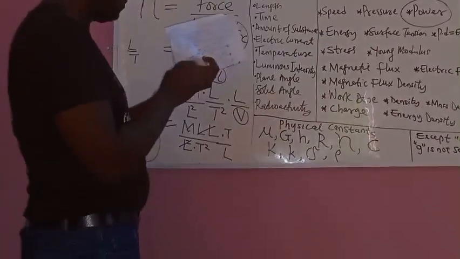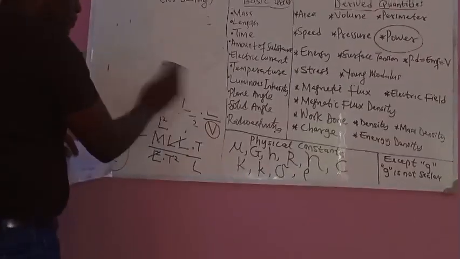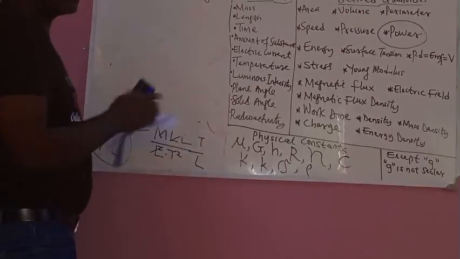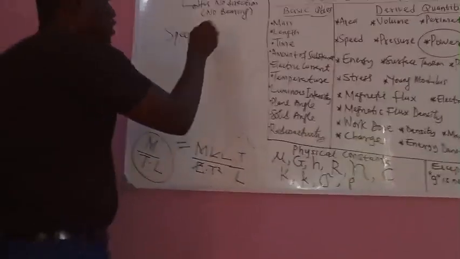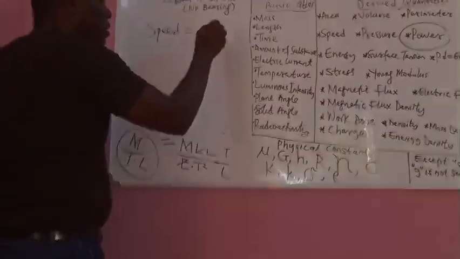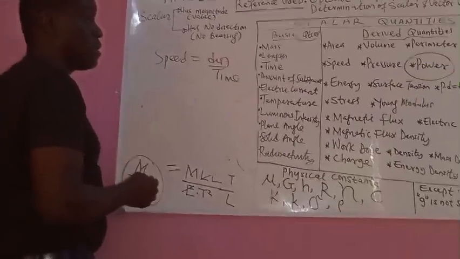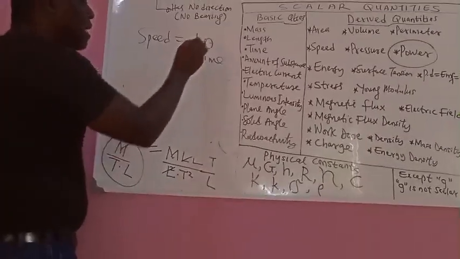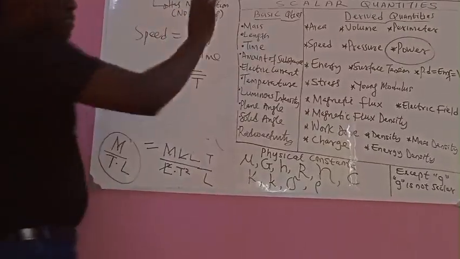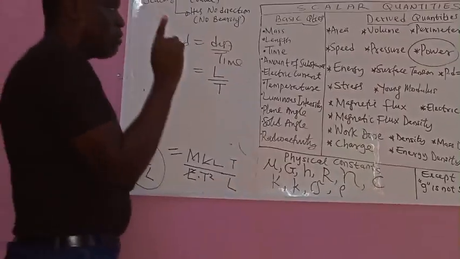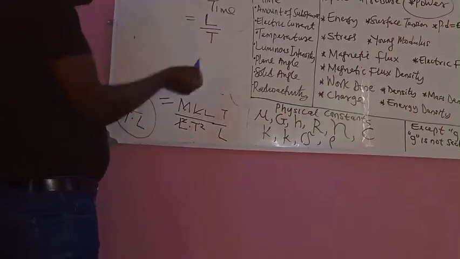Now let's look at speed. Because you may want to say, why is it that speed is not vector? Because speed is also distance over time. Do you understand that? Now, distance is L, and T is this. And one of my tricks is that if you're able to bring out at least one velocity, because this also symbolizes velocity, even though we're talking about speed.